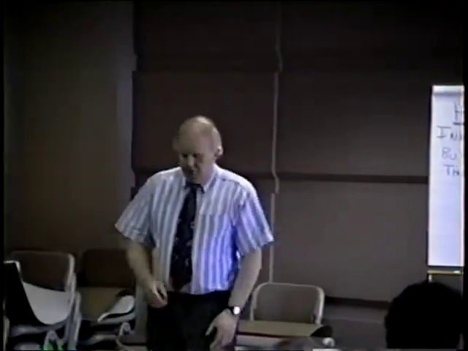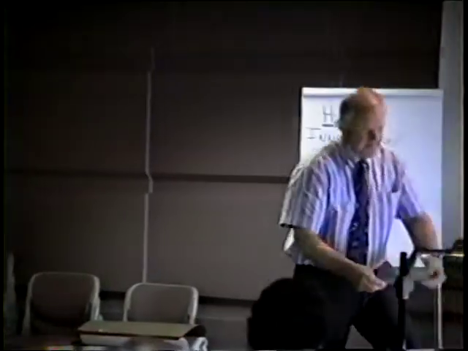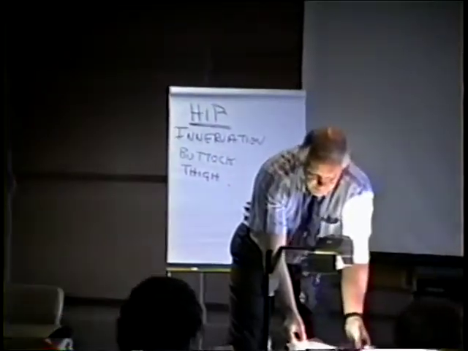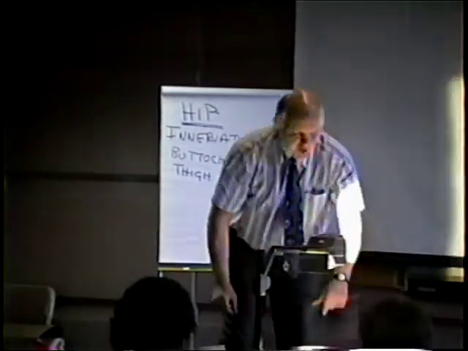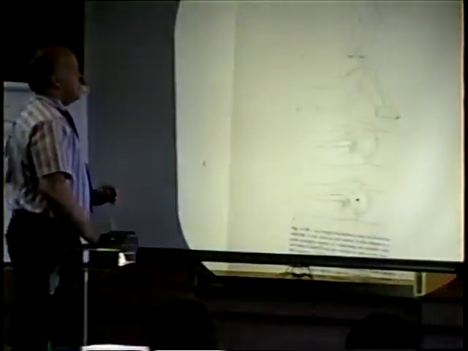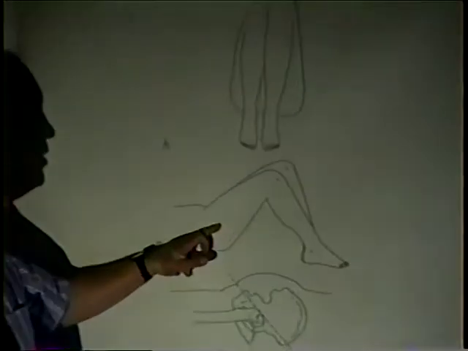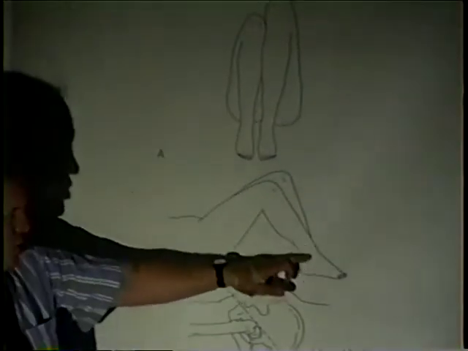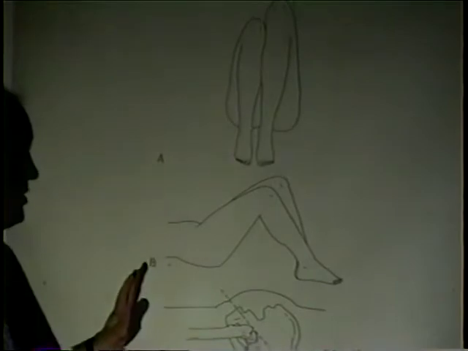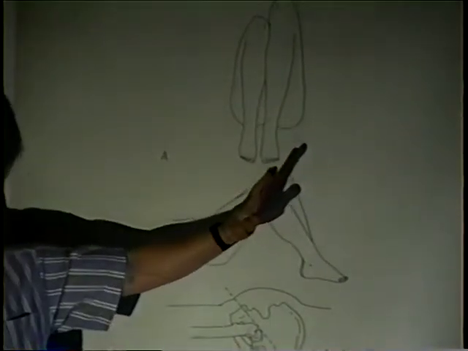That's one test. Another one that is reasonably good is where we look at the bent hip and knee, and we try to evaluate whether we have got a short femur or a short tibia in terms of this total leg length problem.